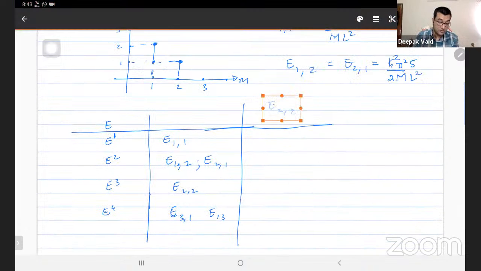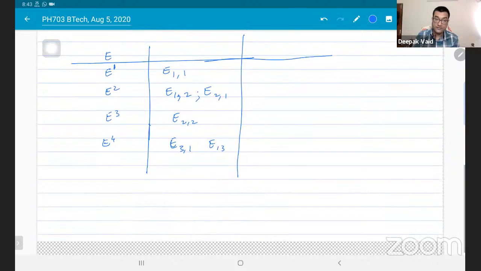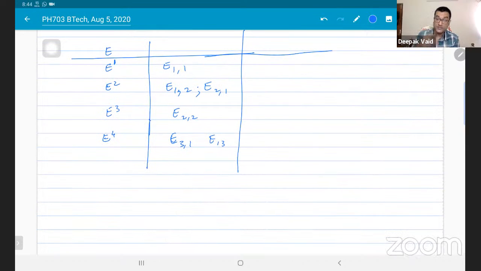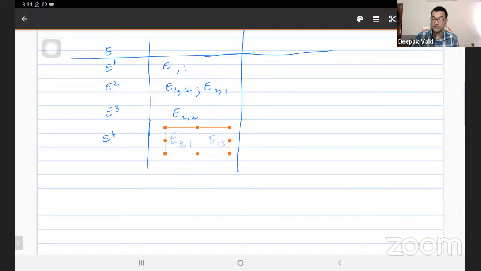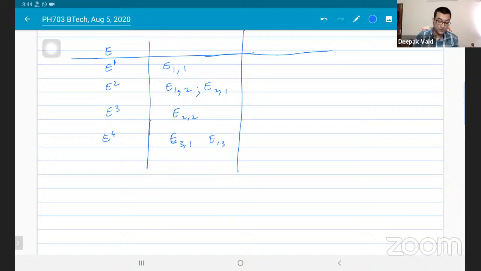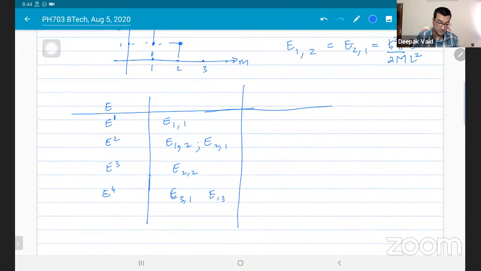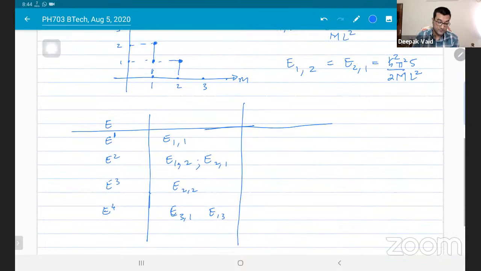Now, so what do we have, right? As you go to higher states, eventually you will start to have more and more states with the same energy, right? Basically, you have to have a solution of this equation: m square plus n square has to equal p, where p is some positive integer, right?